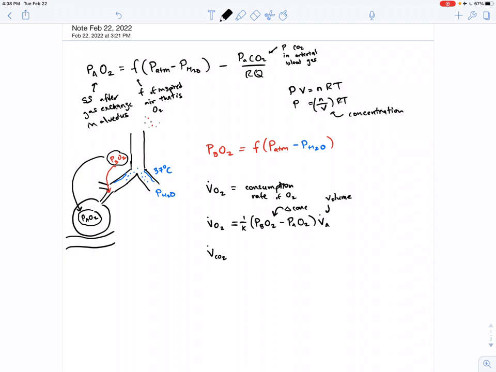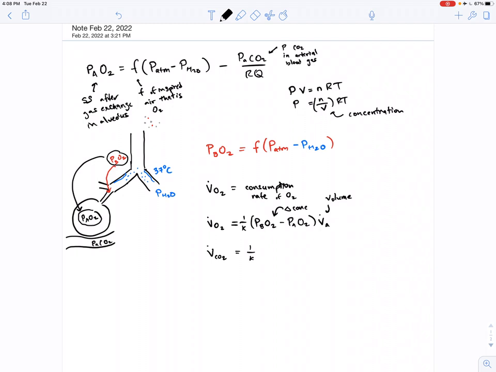V dot CO2 is a lot simpler because carbon dioxide diffuses extremely well across the alveolus. Whatever carbon dioxide concentration we see in our arterial blood gas, some PaCO2, is going to get fully equilibrated with the alveolus very quickly because carbon dioxide diffuses very, very quickly.